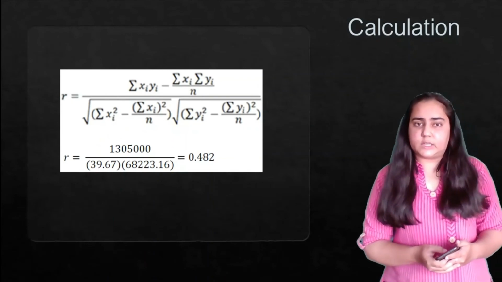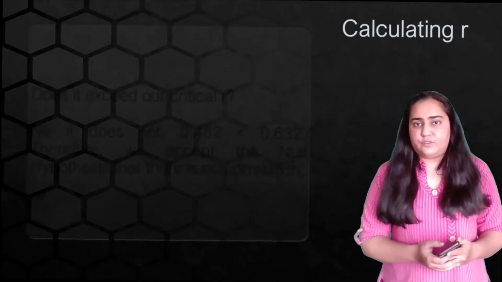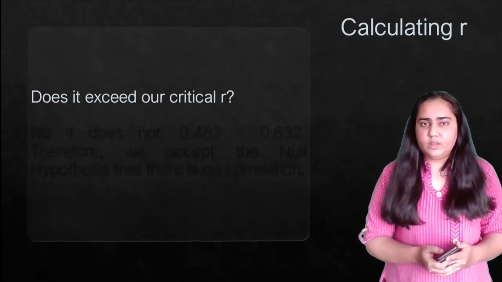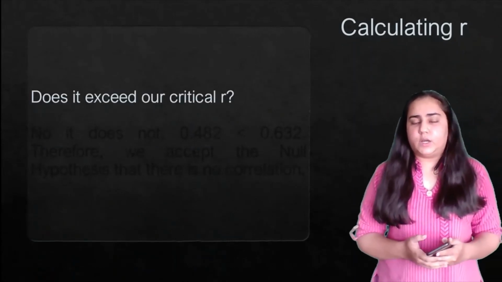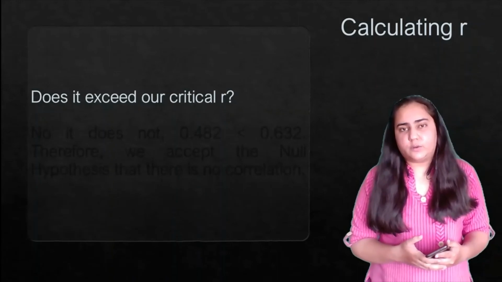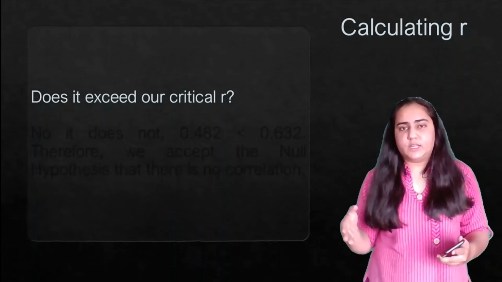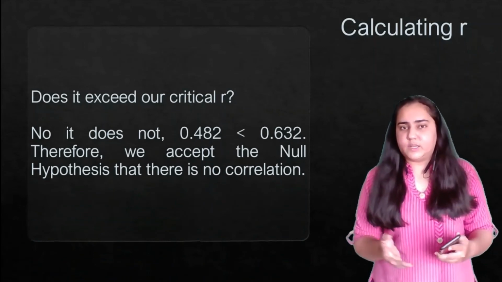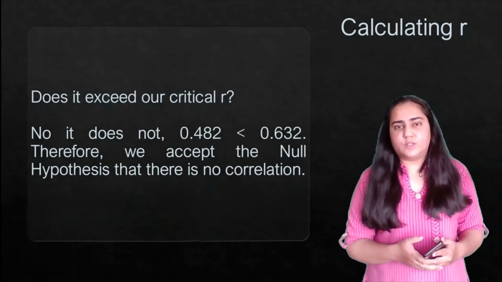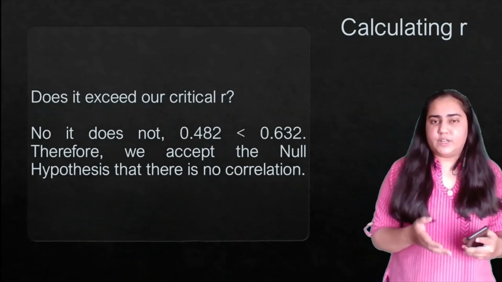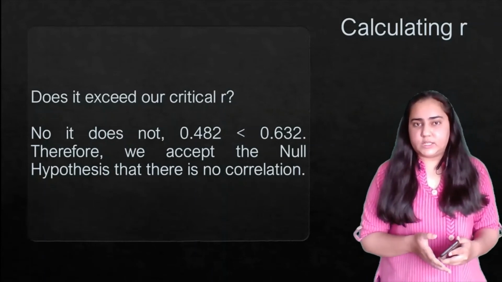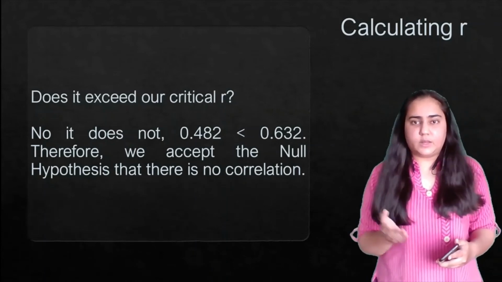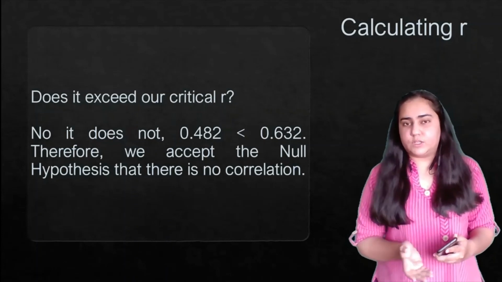Now, what does that tell us? What does this value of R show us? First, does it exceed our critical R? Do you remember what the critical R was? The critical R was 0.638, I think. So it does not exceed, right? 0.632. Our value of R that we have calculated is 0.482, and our critical R was 0.632.